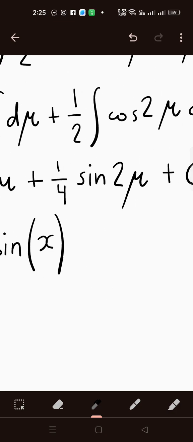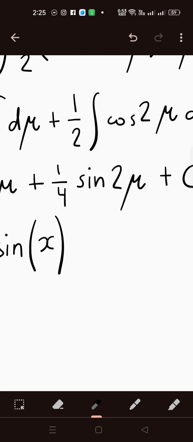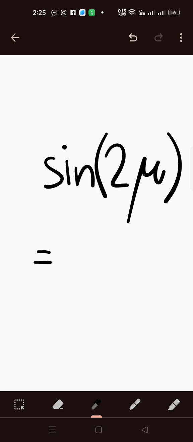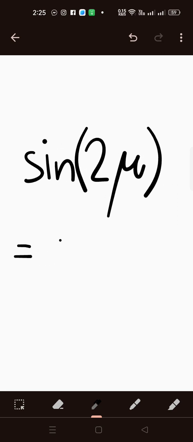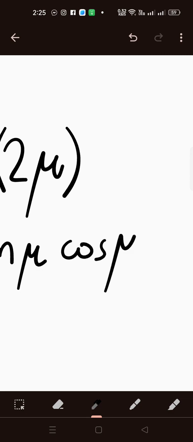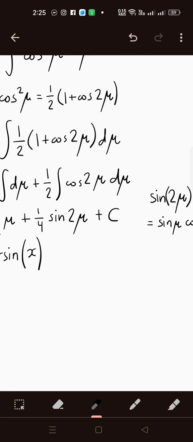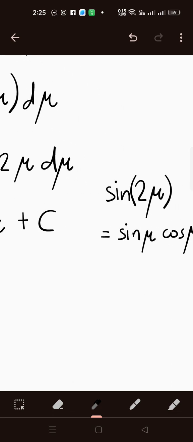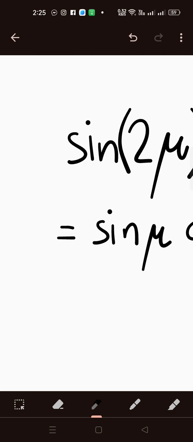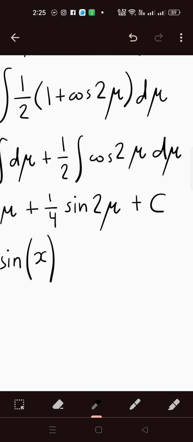Now for the second one, it requires another identity. Namely that sine 2 mu is equal to, or rather, it's 2 sine mu times cosine mu.